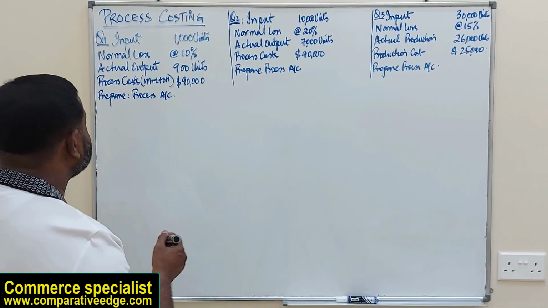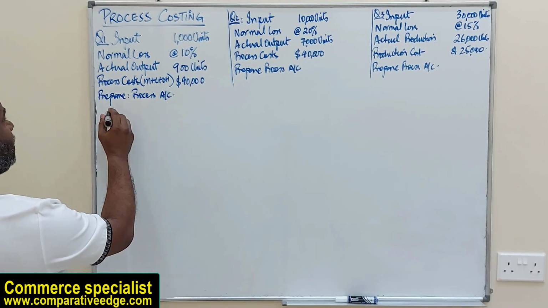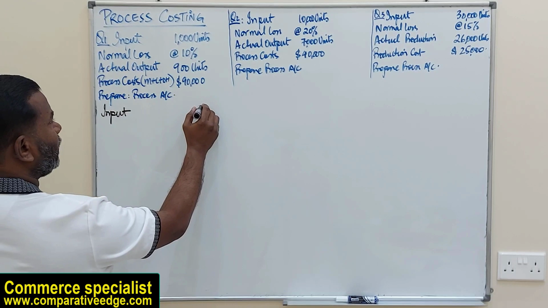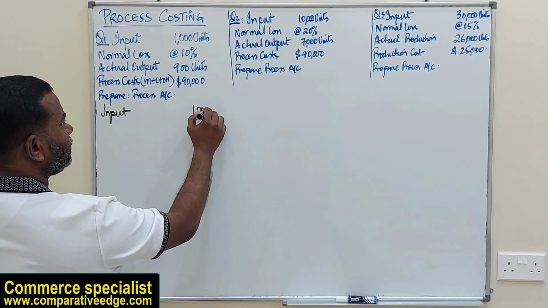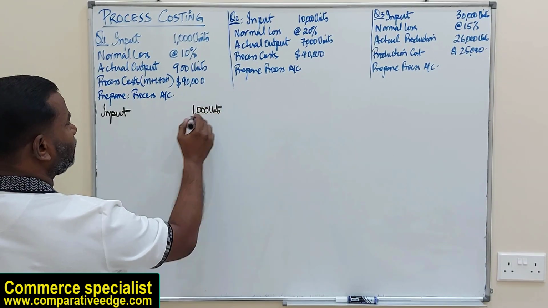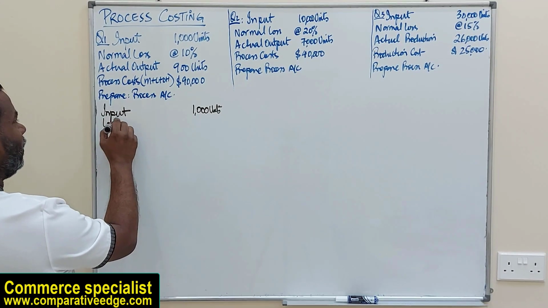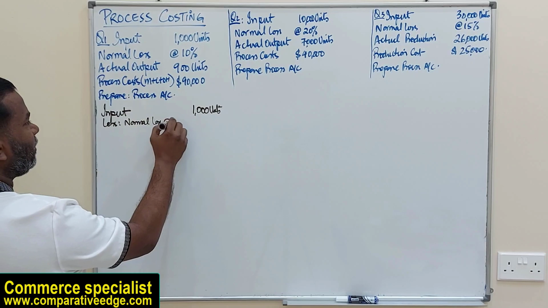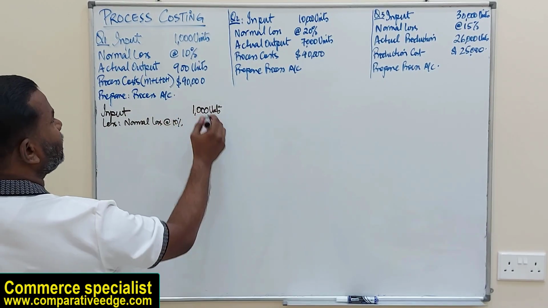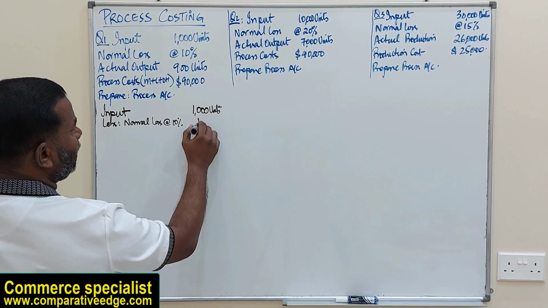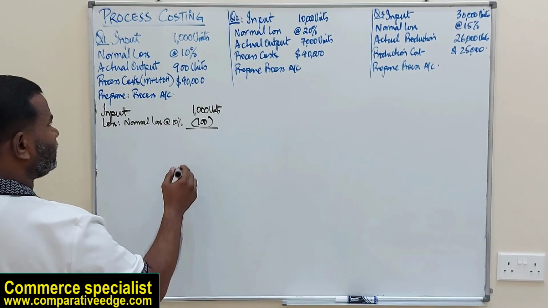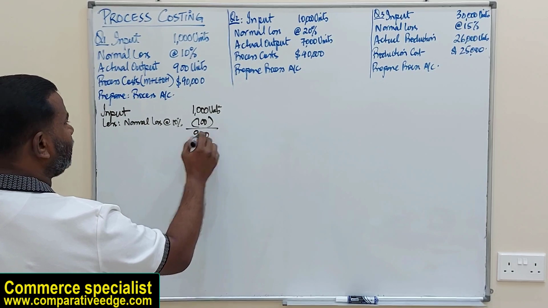So in a question like this, what we do is we start off with input, which is given to us as 1000 units, less normal loss, which is at the rate of 10%. So 10% of this would obviously give you 100 units. So if 100 units are lost in the process, you are left with 900 units.